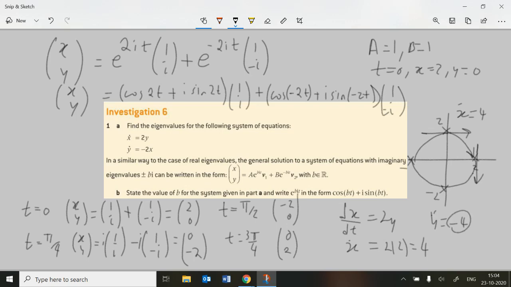We can see that we are moving down at that point, so this is now y dot equals minus 4. And then, of course, if we chose this point, we would get x dot is equal to minus 4. If we chose this point here, we're going to get y dot is equal to plus 4.